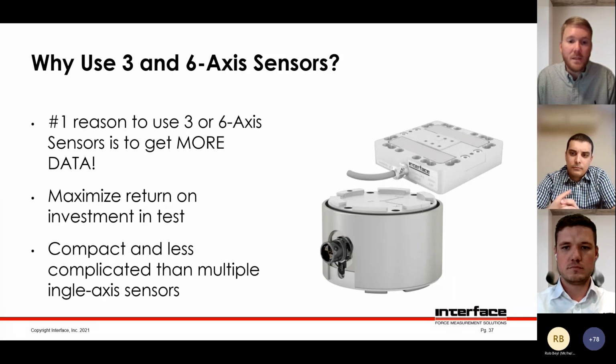Sometimes if you know that you need multiple measurements, it could actually reduce your cost from purchasing multiple single axis load cells, and it could be much easier to mount than trying to configure multiple load cells in an application. These load cells are becoming more and more popular, like I said. They're ideal for industrial and scientific applications such as aerospace, robotics, automotive, and medical research.